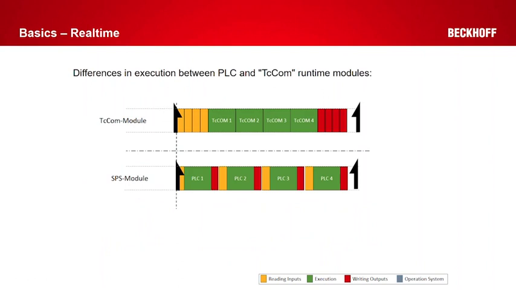Further, we have a difference in the behavior between the execution of a PLC module and a classical TC-COM runtime module. This is because we have to be compatible to the TwinCAT 2 environment, right? From this environment, we take the same behavior. And this is what you can see here in the upper part. So each PLC has its own input and output update, and in between the cyclic execution of the PLC.